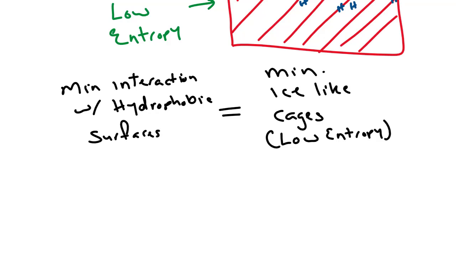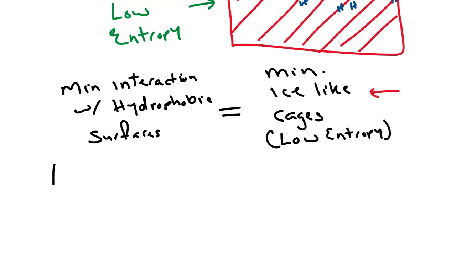So yes, the protein is more structured when it's folded, but when it's folded, the hydrophobic surfaces, the hydrophobic side chains, are also away from solution in the hydrophobic core. And when they're in the hydrophobic core away from solution, there are no ice-like cages. So if you have less or no ice-like cages, you've minimized the interaction of water with those hydrophobic surfaces to zero.